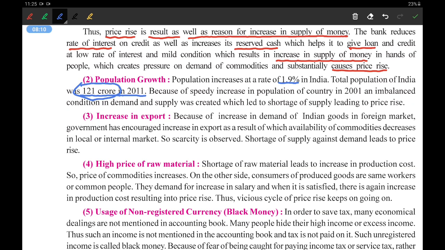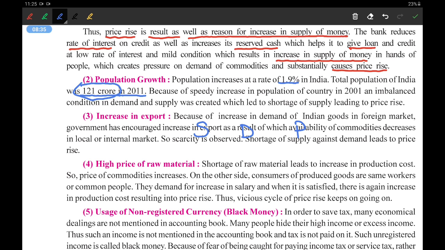Okay, now as more people are there, the demand is always high. As the demand is always high, the producers are not able to cope up with the supply, and due to that the supply will be less. So again the rule of the law of economics comes in, that is supply, demand and price.